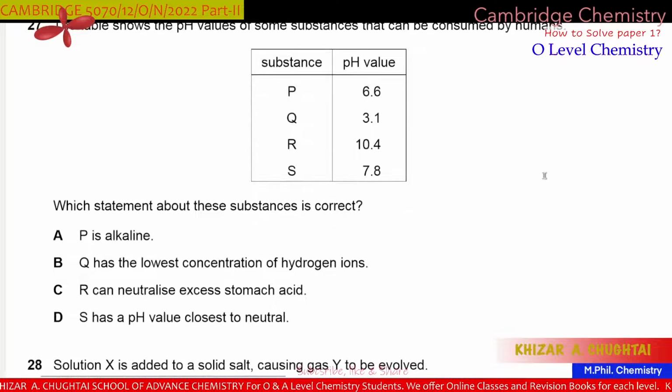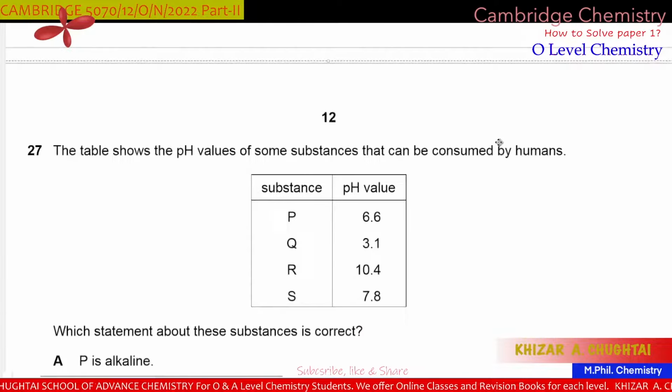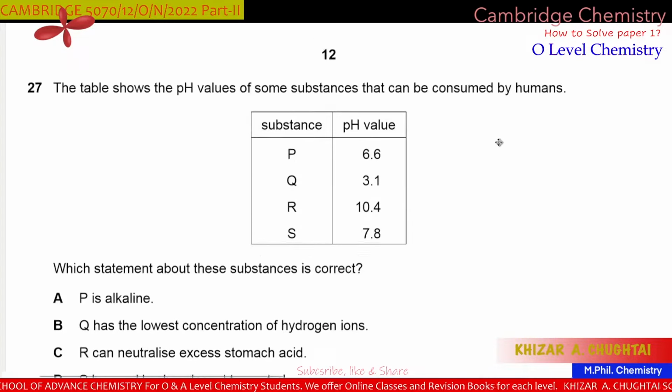Question number 27. The table shows the pH value of some substances that can be consumed by humans. Substance P, its pH is equal to 6.6. Substance Q, pH is 3.1.